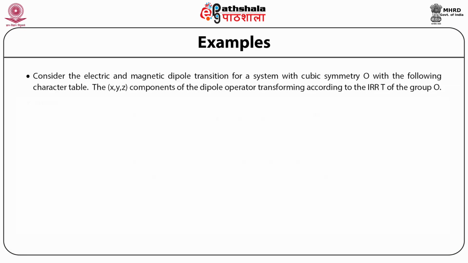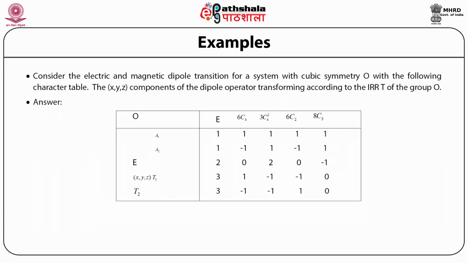Now consider the electric and magnetic dipole transitions for a system which has a cubic symmetry O. Earlier we considered the symmetry C3V. O has the following character table, which is shown on your monitor.